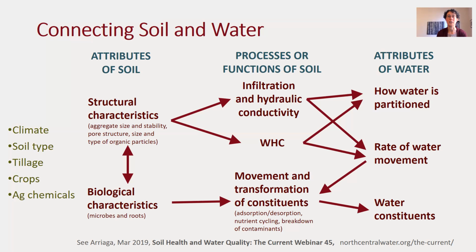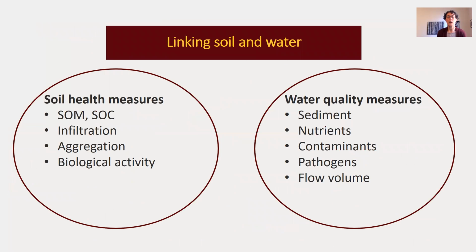Do certain practices in certain contexts change one function in one direction, another function in the other direction, those kinds of trade-offs? And then what are the trade-offs among various water resource goals? And the obvious difficult one is nitrogen versus phosphorus loading in water can be impacted differently by soil.